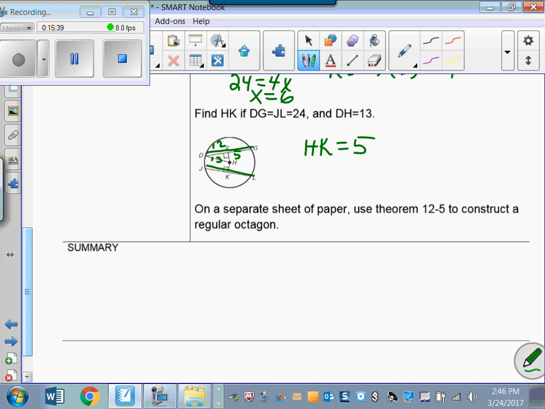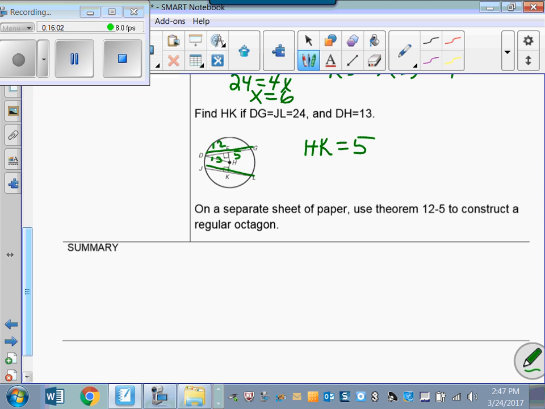All right, I thought it would be fun, and I'm sure you will think so too, to take a sheet of paper and use what you have just learned about circles to try to construct a regular octagon. It's going to be an octagon that's inscribed in a circle. I promise it's going to be loads of fun.